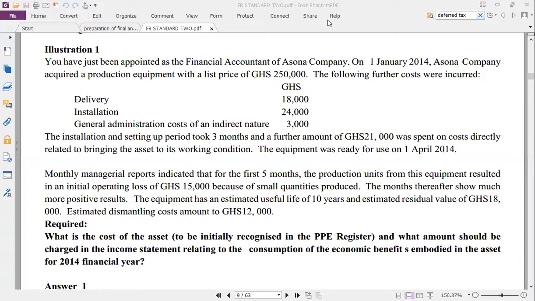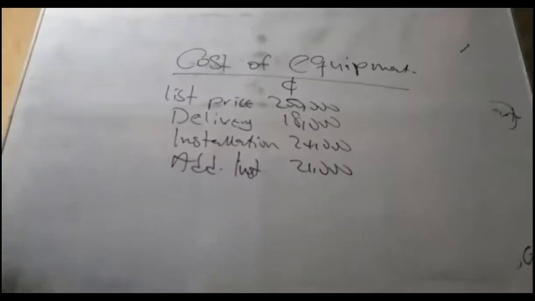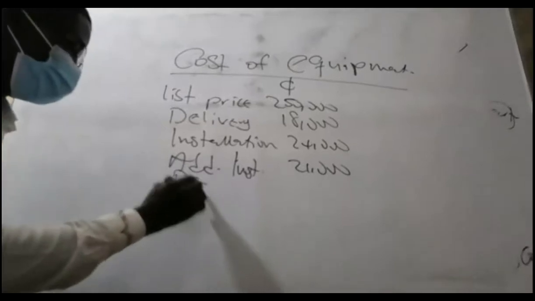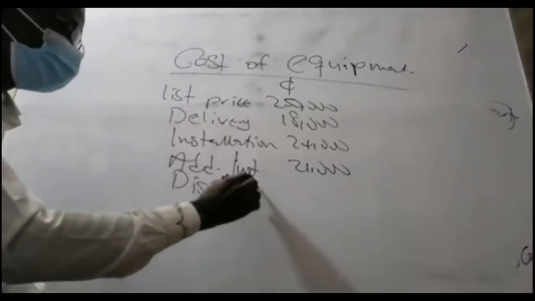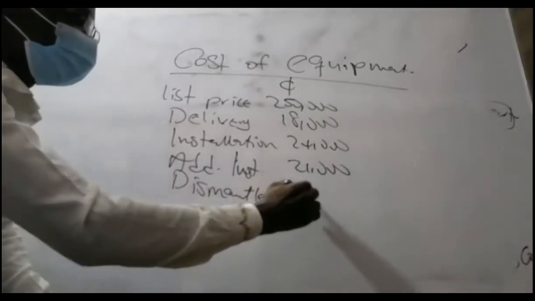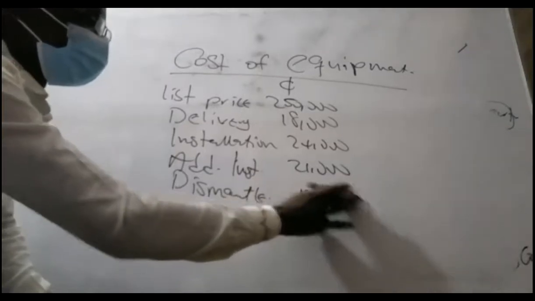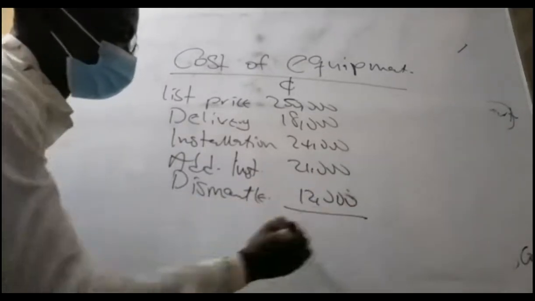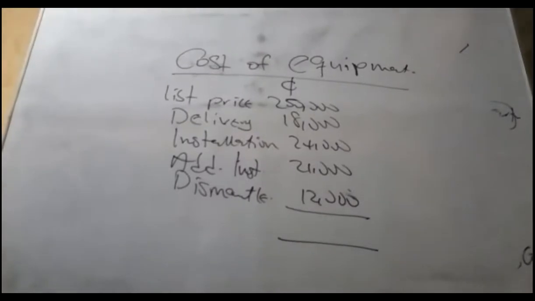So I'll come here and write dismantle cost 12,000. I'll put this cost together. Whatever I get, that's the cost of the PPE initially. That's the total cost of that PPE. Then we are done. So that's the end of the cost of PPE, basically.